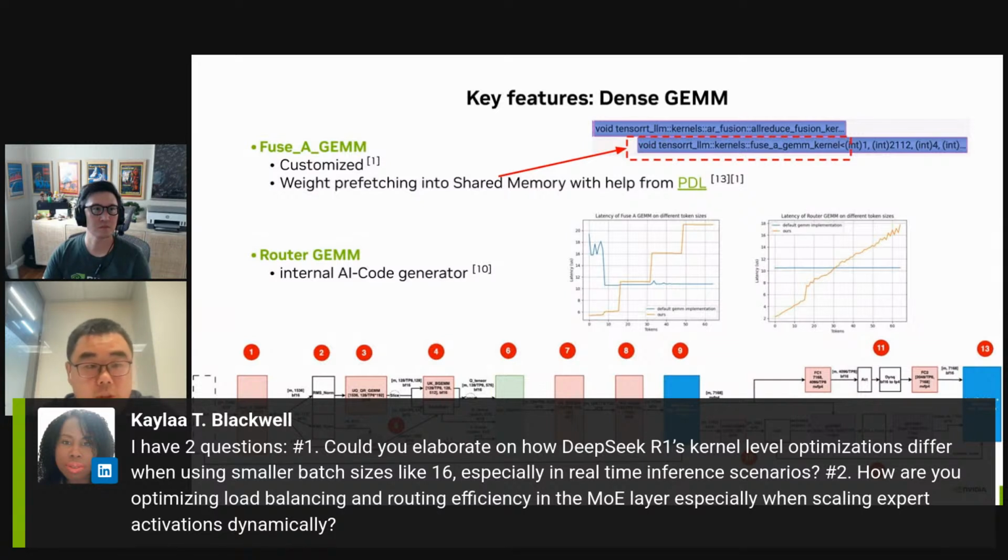We have a heuristic from Python level, and if the batch size is larger than a value, we will fall back to the default PyTorch kernel implementation.